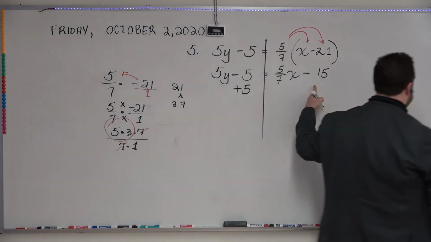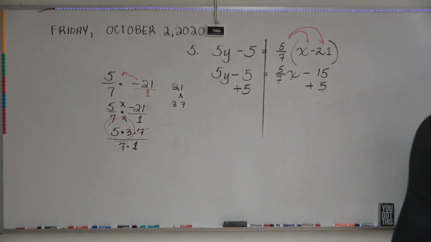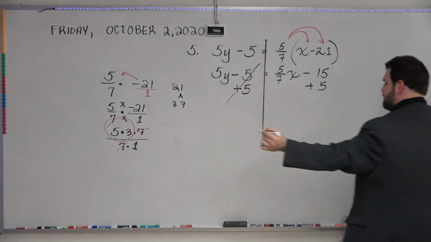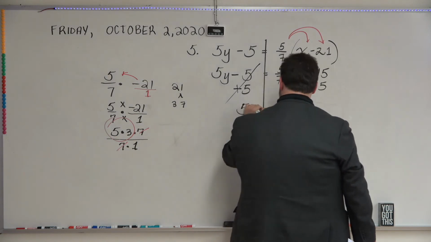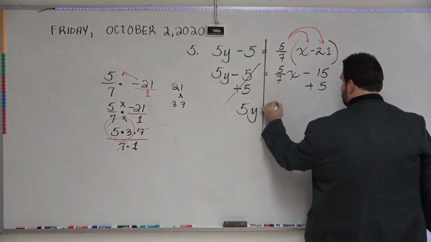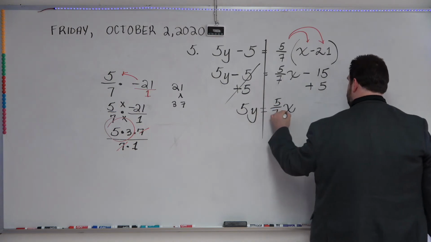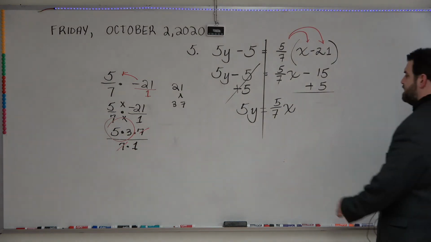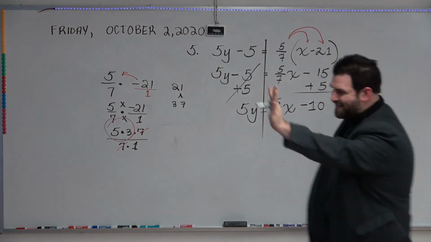So we have to come over here and do plus 5, okay? Now that's good because that cancels this out. Canceled, all right? We have 5y equals 5/7 x. And then what's negative 15 plus 5? Positive or negative? Negative. Negative 10. Very good. Minus 10.